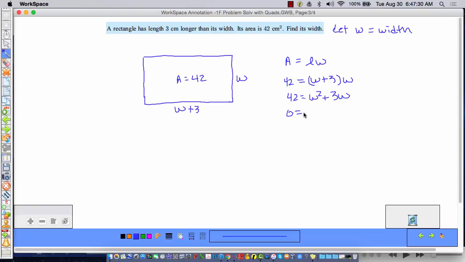I'm going to subtract 42 here, so W squared plus 3W minus 42 equals 0. And then I'm going to look at my delta, if you want to see if it's factorable, which is b squared minus 4ac. So that's 9 minus 4 times 1 times negative 42.